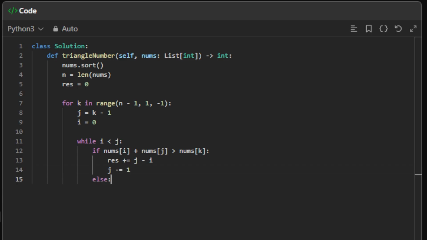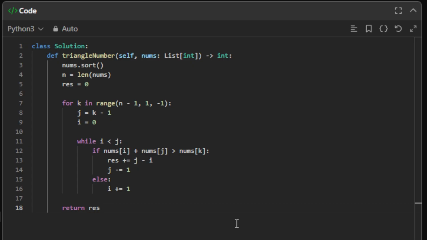Else, this means that this is not true, so we need to increase this side of the argument, meaning we need to move the I pointer one step to the right, so else I plus equal 1. And finally, we can just return result.